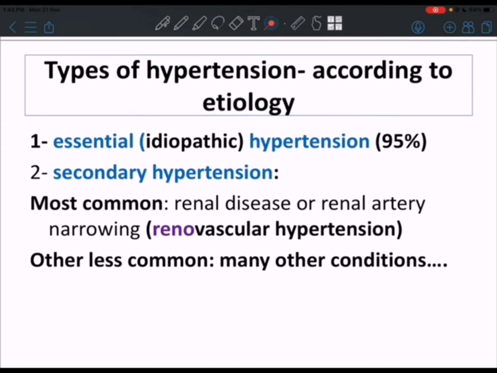The most important of which is renal disease. لاحظوا مريض عنده hypertension لكن هذا الهايبرتنشن is secondary to something else. The underlying cause is a renal disease in one example. So we call this secondary hypertension, secondary to the renal disease.